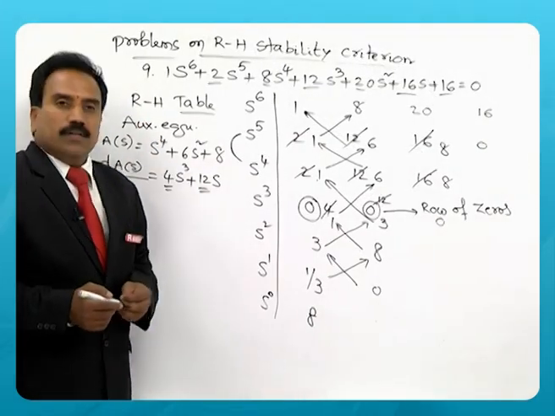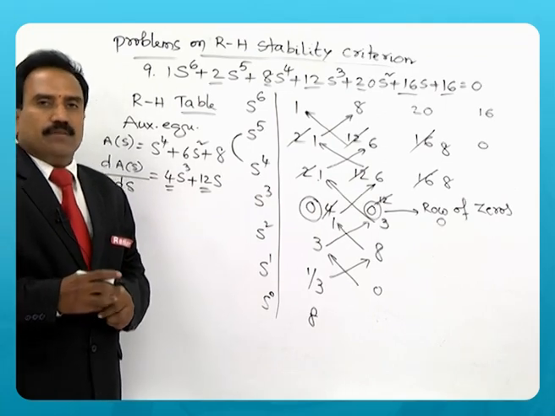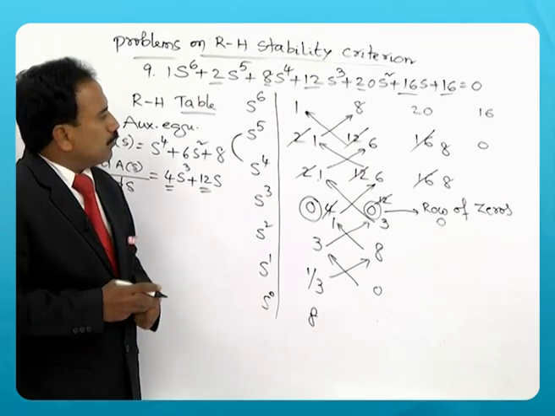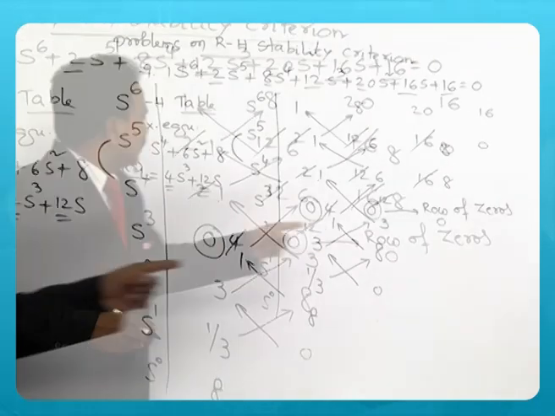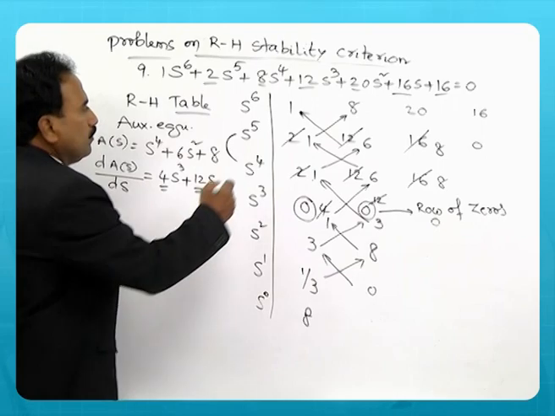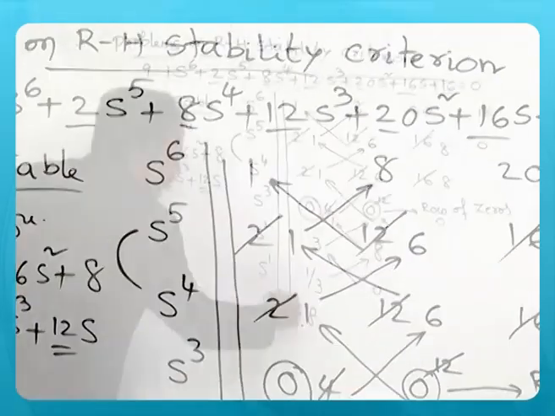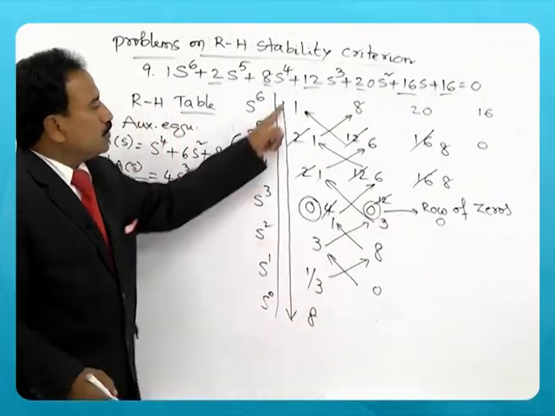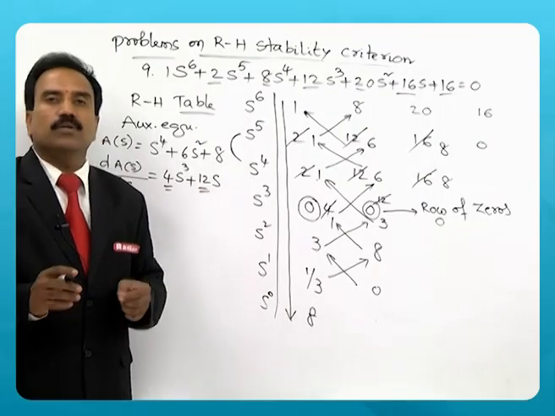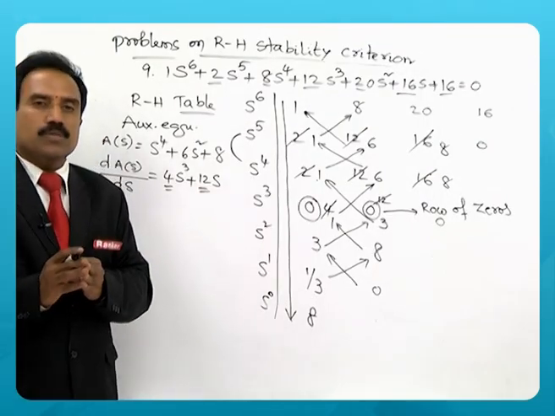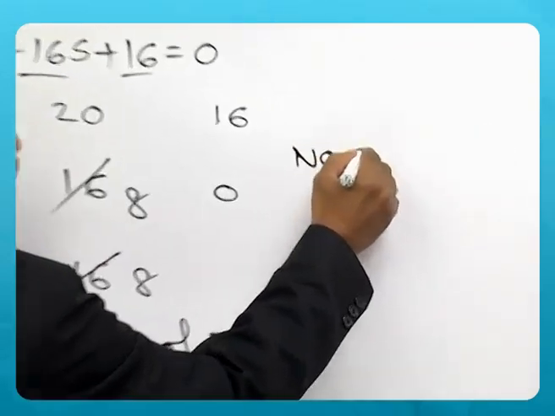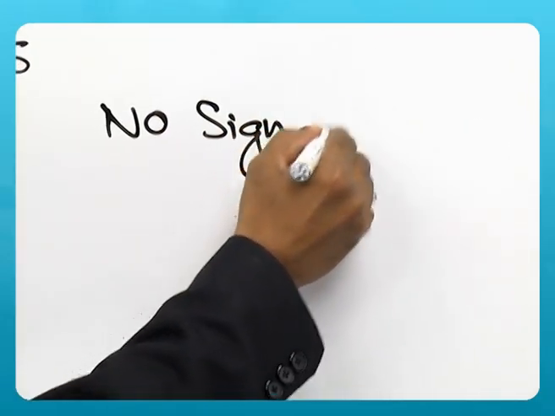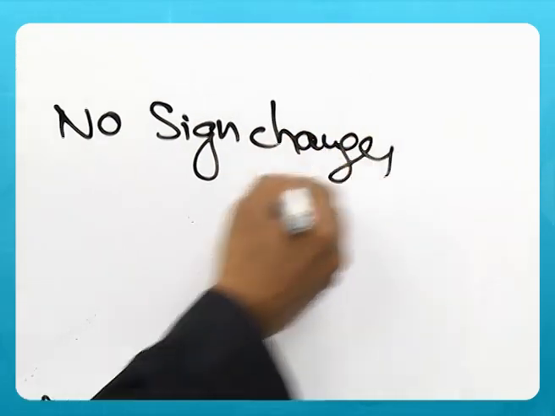So this is the way you should approach the R-H stability criterion when you have a row of zeros. Now you can look at the first column of the Routh's array: no sign changes. So no doubt there are no poles in the right half, because of no sign change in the first column.